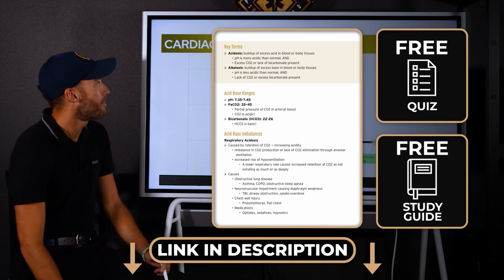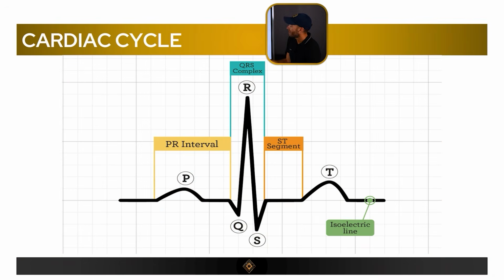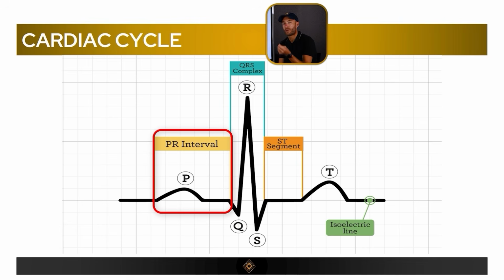All right. Here's our cardiac cycle. So I just want to review here that the P wave represents the atria depolarizing. So we have depolarization and repolarization.